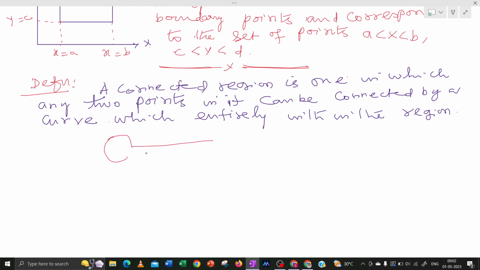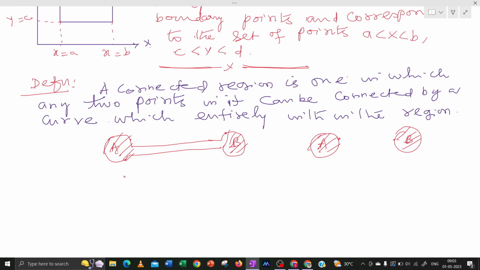Two regions are there, A and B. In the first, any two points in the region can be connected. But in the second, where we consider the two regions A and B, if you consider any two points, one in A and one in B, they cannot be connected.